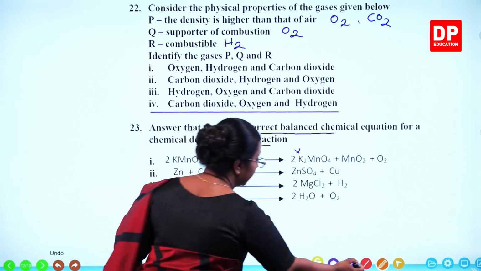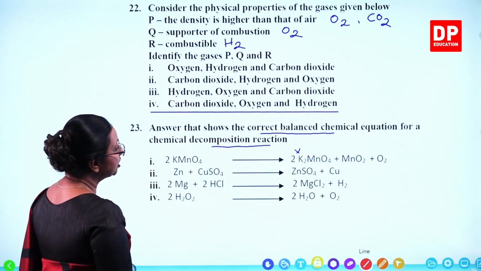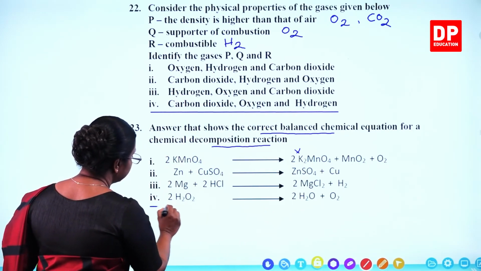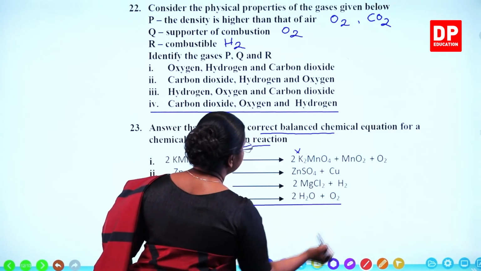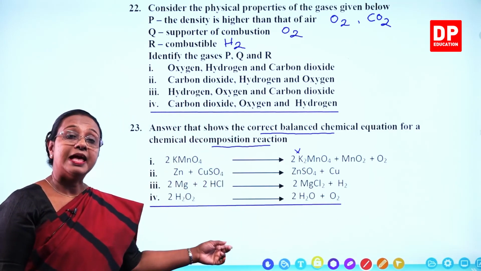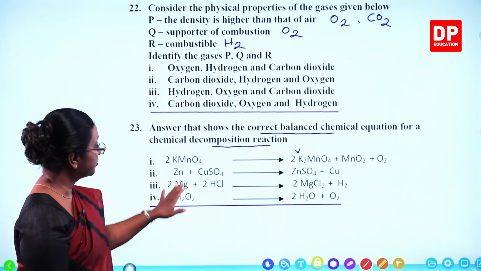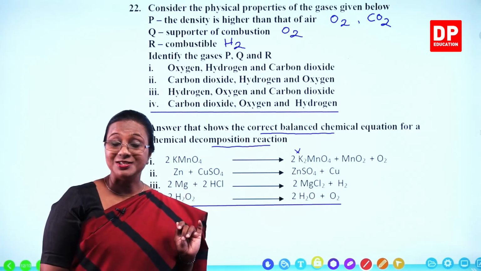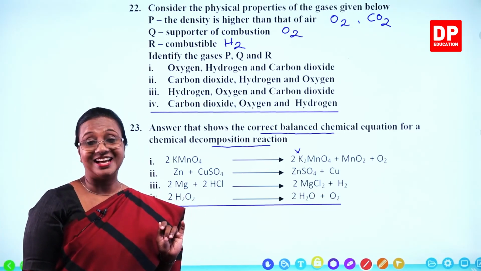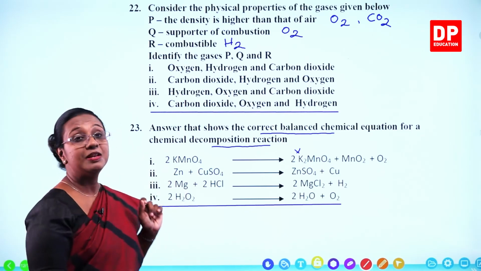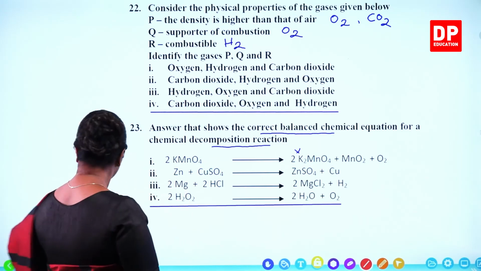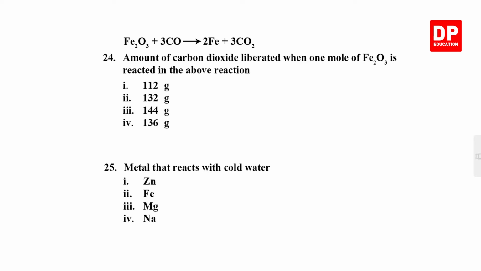So that is a balanced chemical equation and also it is a decomposition reaction. That is the answer. I am sure you were also able to write the correct answer. With that, I will move on to the next question, students. Extra question 24. You can see they have given the equation on top.